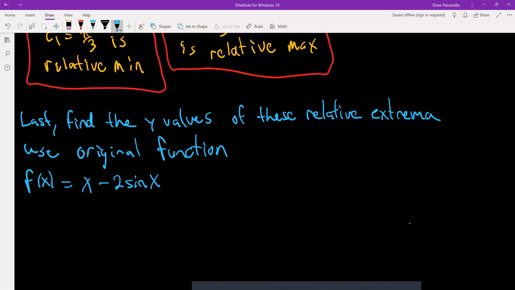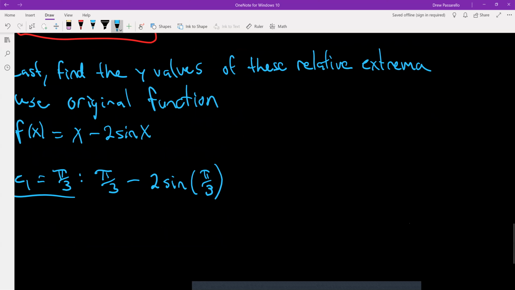All right, so for the first one, if I plug in pi over 3, that's going to be pi over 3 minus 2 times sine of pi over 3. And then you look on the unit circle, and what is sine of pi over 3? That's going to be square root of 3 over 2.